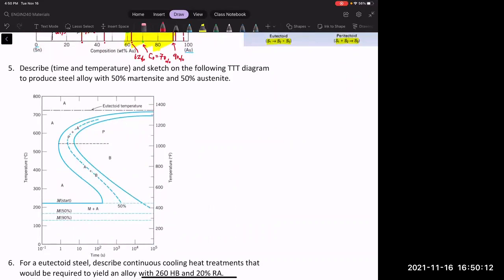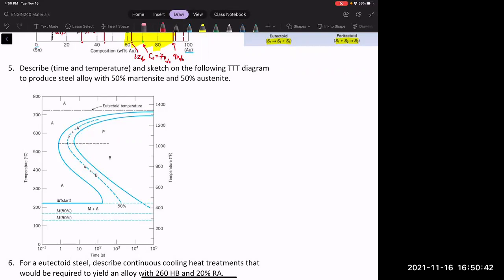The following one is about the TTT diagram, which will look at the kinetics of the transformation, and this is related to the heat treatment. You have a lot of homework asking you, if you have a TTT diagram, how do you find the certain composition of a certain kind of end product of the material.